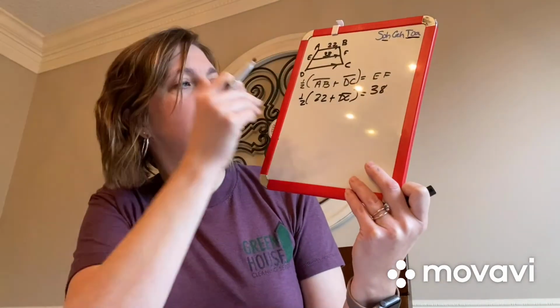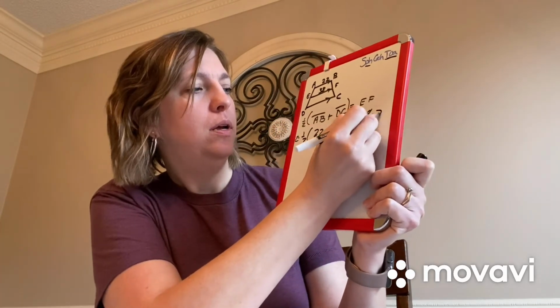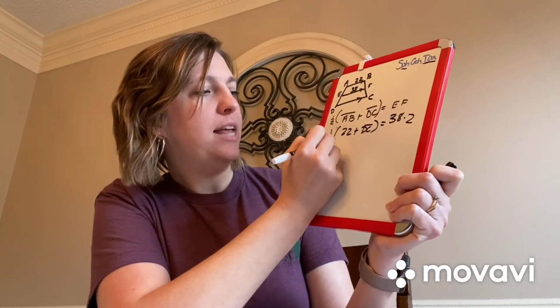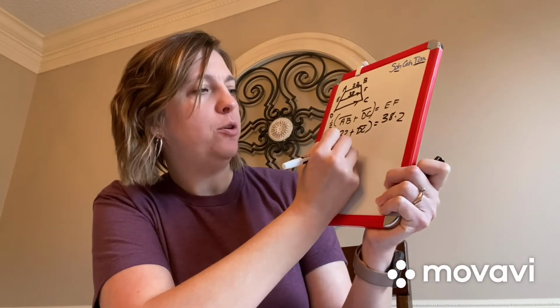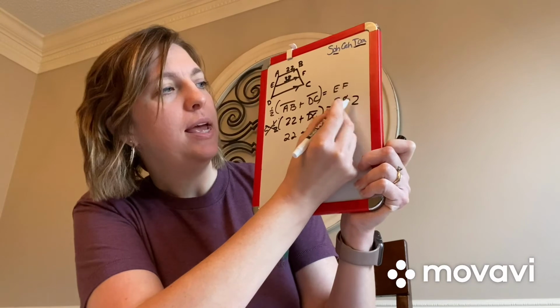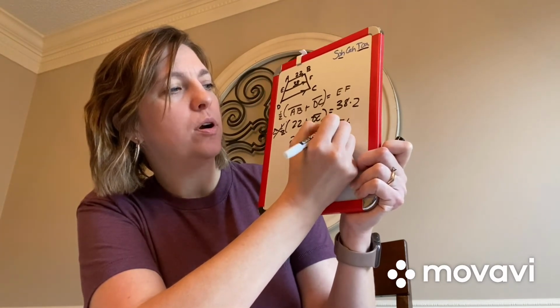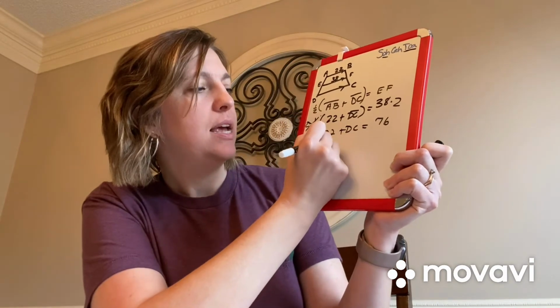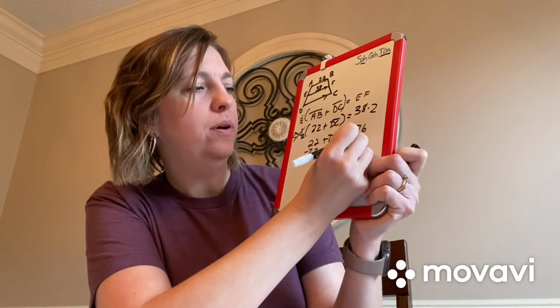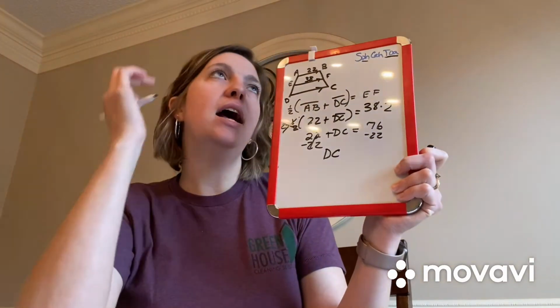Go backwards, right? If I multiply this by 2, that's going to cancel this out and give me 22 plus DC equals 38 times 2. 8 times 2 is 16. 3 times 2 is 6, plus 1 more is 76. Now I'm going to subtract 22, and that will give me DC. Do you see, friends, that they've gone backwards?